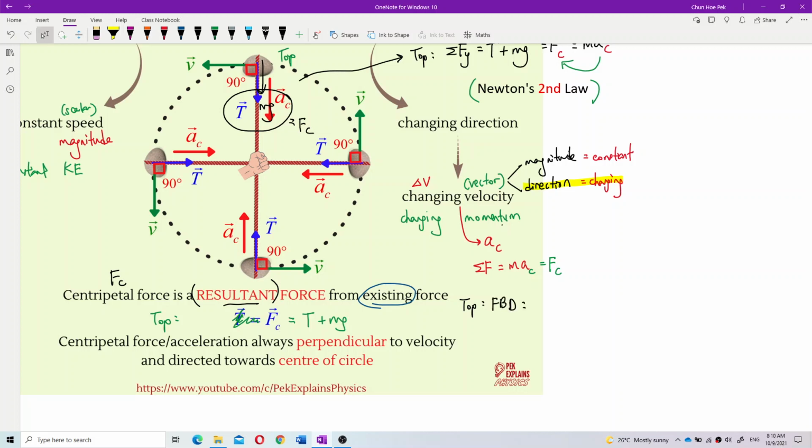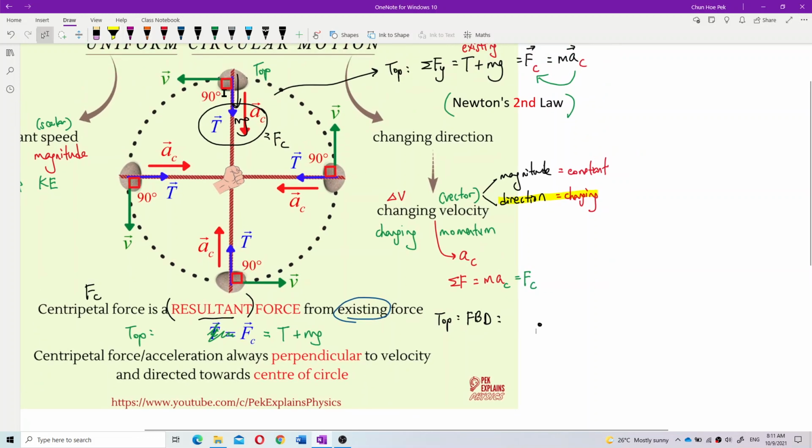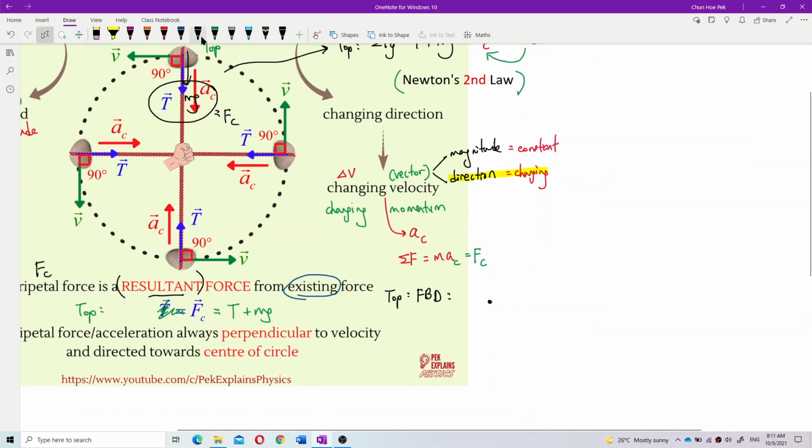Just draw a point mass to represent the stone, then draw the tension and the weight, and then draw the centripetal acceleration downwards. That's all.